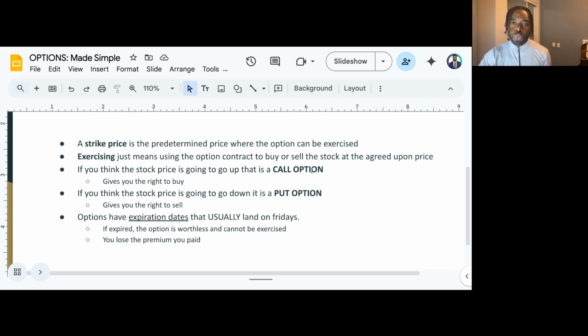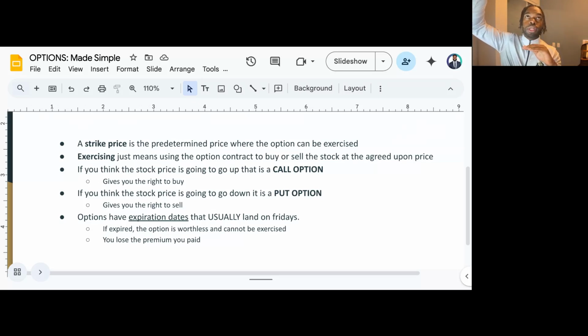And what does it do? What does an option actually do? So when you get a call, you're reserving the right to buy the stock at that price. Because, for instance, if a stock is at $100 and you buy $101 calls, you think that the stock is going to go past $101, but you want to still be able to buy that stock at $101 if the stock continues to fly.